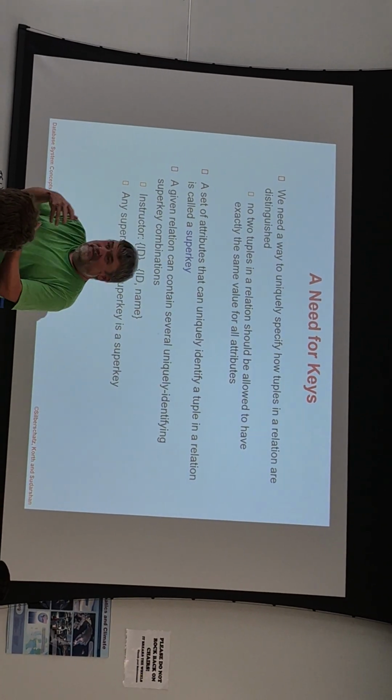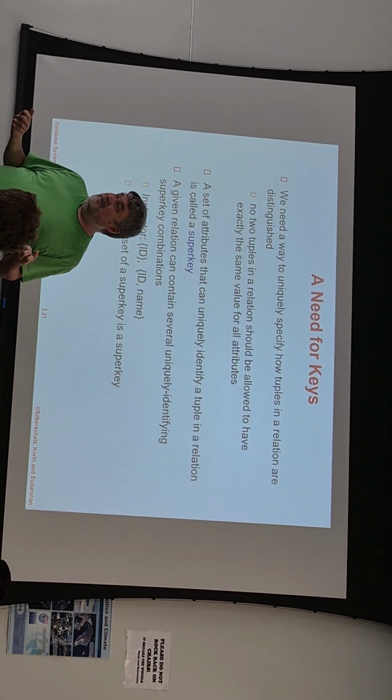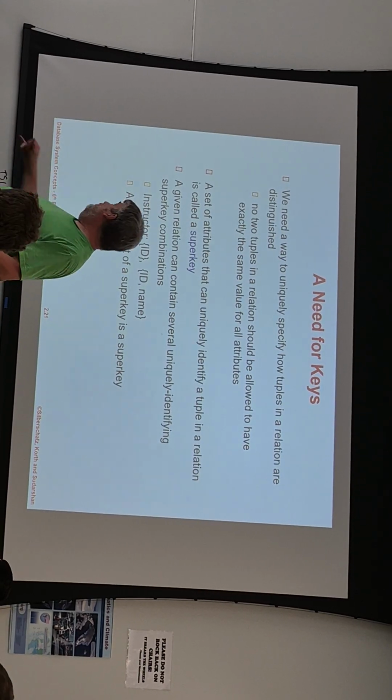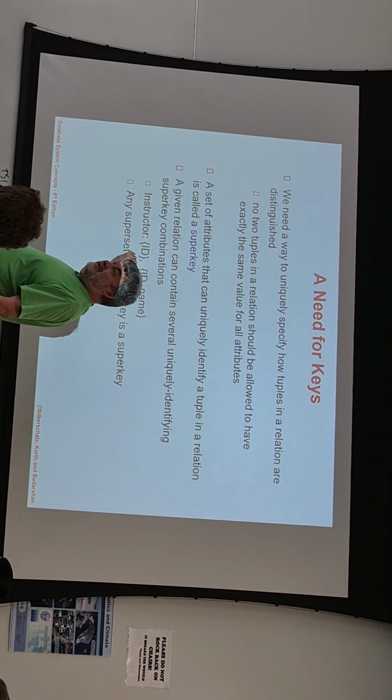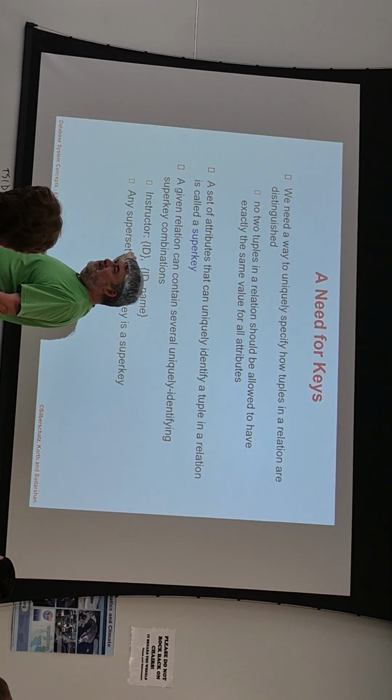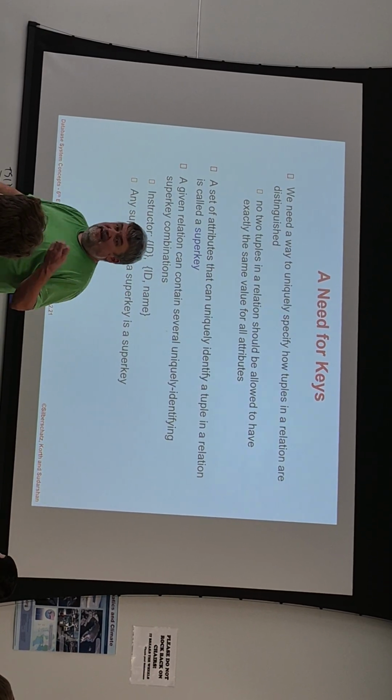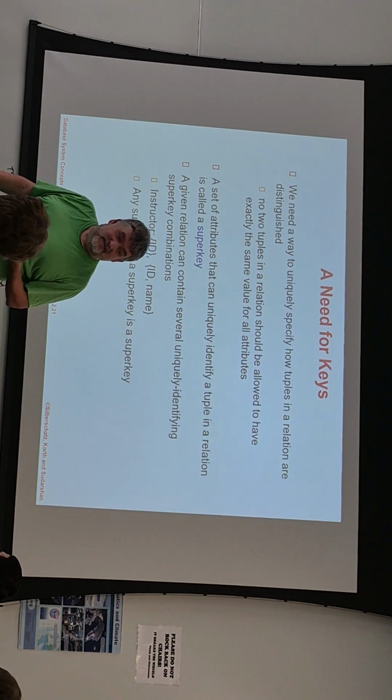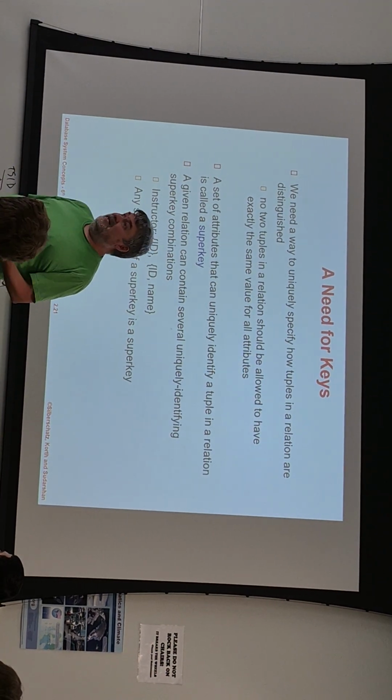Right? Because even if there are multiple Professor Nevilles at BSU, only one of them will have my ID. That should be my record. Right? And any other Professor Neville, Mrs. Neville, if she's teaching at the university, will have a different ID.